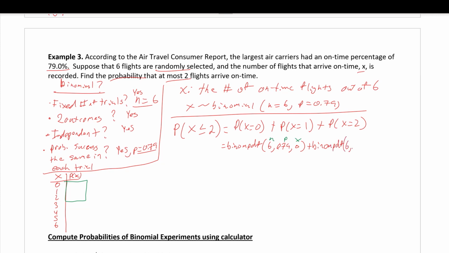N, p, x right here would be 1. Binom PDF, n, p, and then the last one's 2. 0 goes with 0, 1 with 1, 2 with 2. The n and p stay the same throughout the problem.